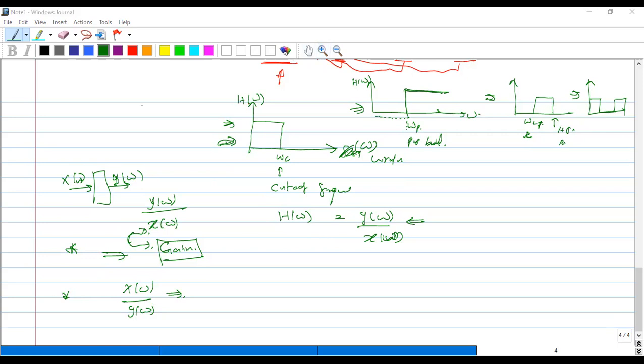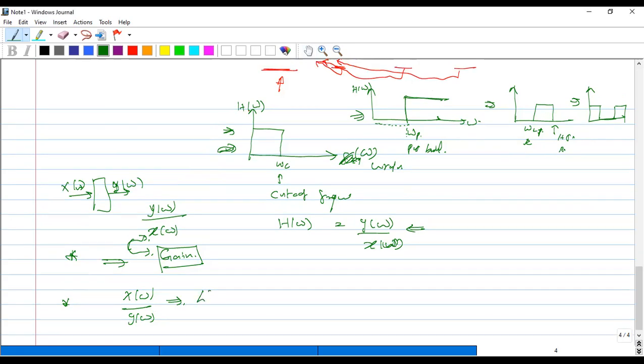That is loss, or sometimes referred to as attenuation. This is correct, no? Output divided by input is called gain, and input divided by output is called loss. I think that is correct.